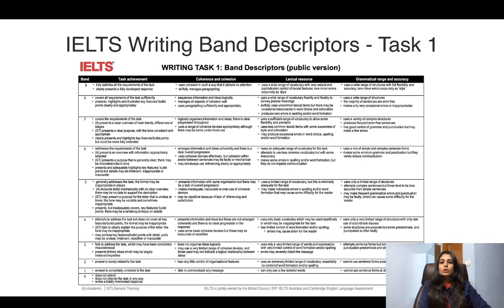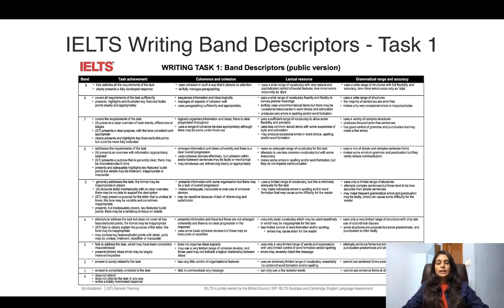All right, so these are the IELTS band descriptors. Whenever we are taking any test, it's important that we go through all the parameters on which we'll be assessed. You wouldn't take any test without knowing how you're being assessed. So it's very important to learn and understand what are these parameters on which the IELTS examiner will assess you.